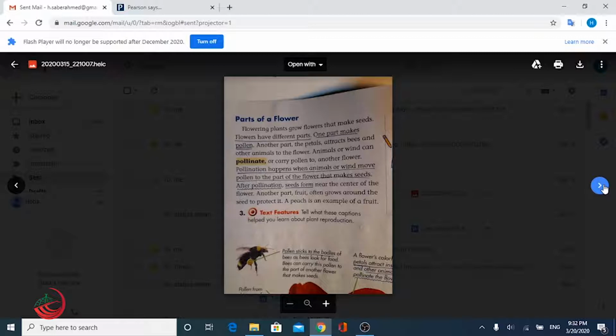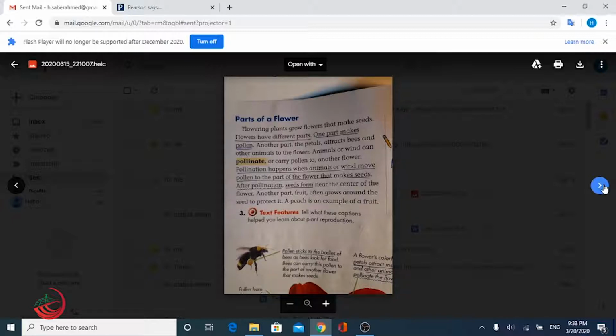A part of a flower attracts bees to pollinate the plant. What is this part? This part is called petals. The petals attract bees to pollinate the plant. Did you write it now? In number 4. This is for this part.